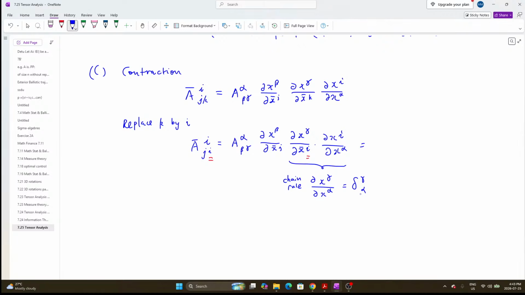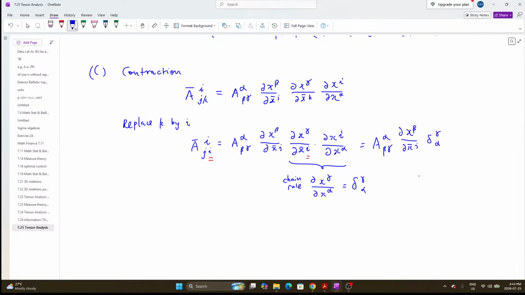you can do the index change. So look at what things are being summed over. Well, looks like in delta you got gamma and alpha. So let's write that. This is A alpha beta gamma dx beta over dx bar j times delta gamma alpha. All right.